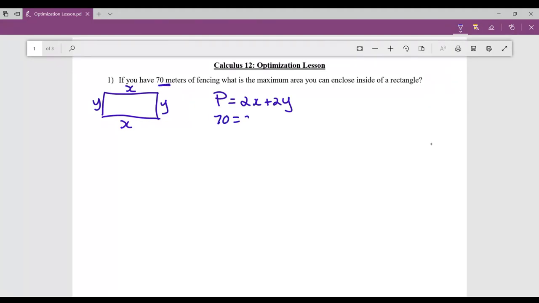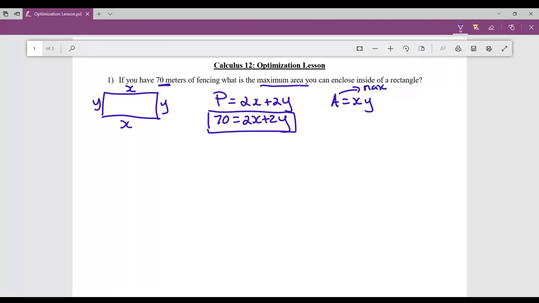So we have 70 is equal to 2x plus 2y. That's the first formula. Second formula is area. It's the thing we want to maximize. The area of a rectangle is length times width, so in this case, x times y. We want to maximize this.